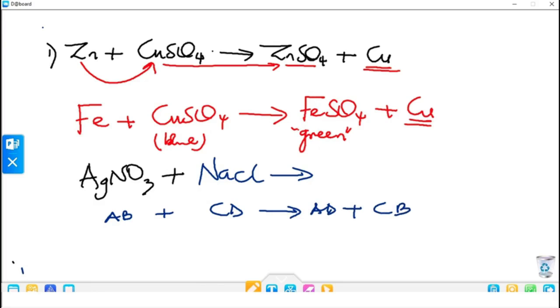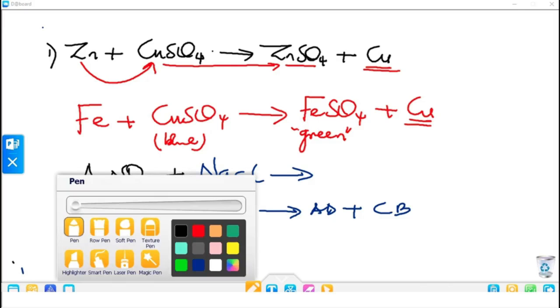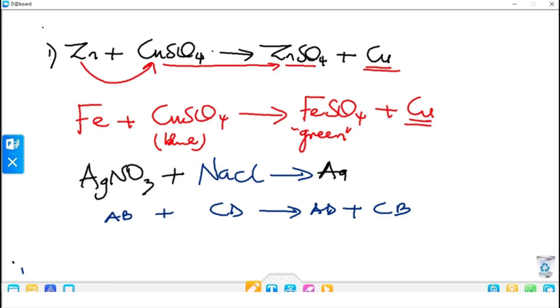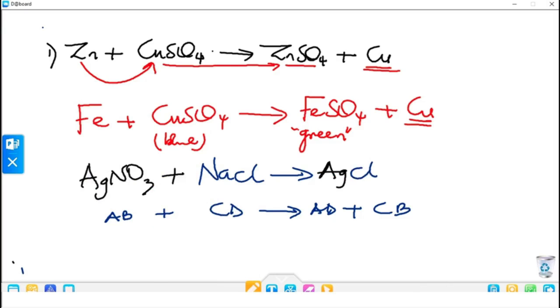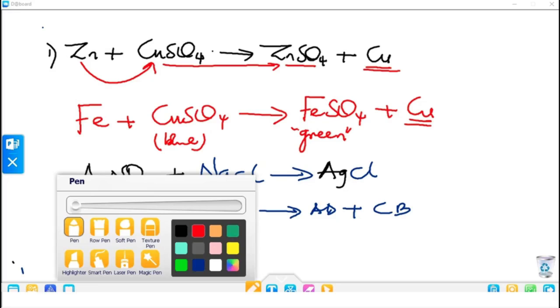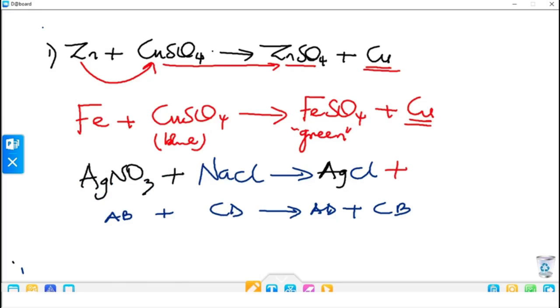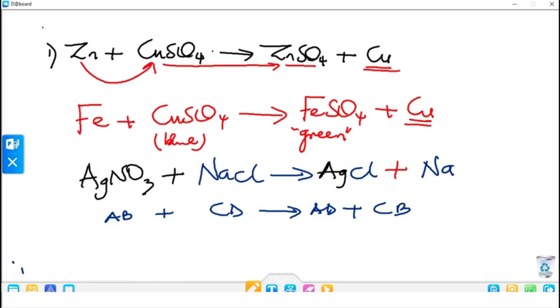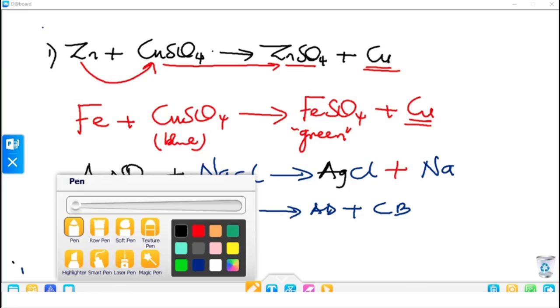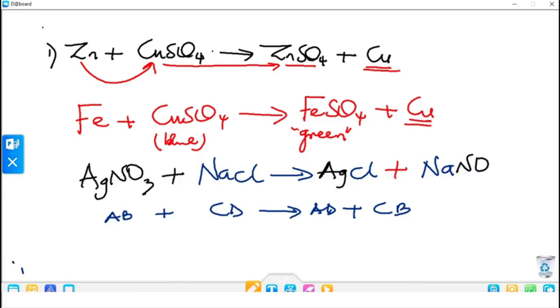So looking at the prototype, this is going to give us silver chloride plus sodium nitrate. So this is what we have.